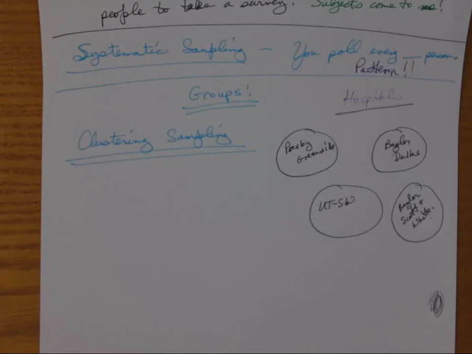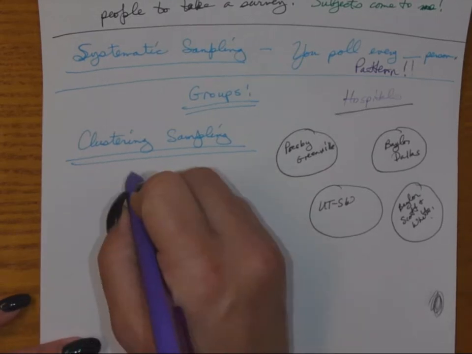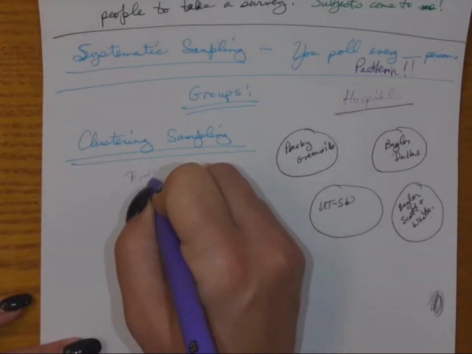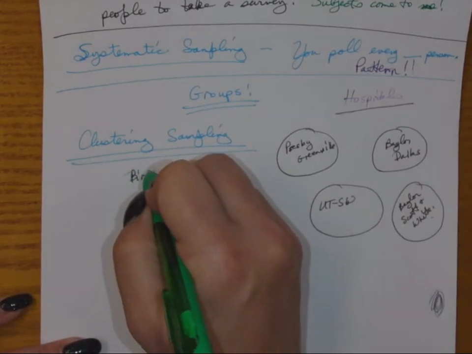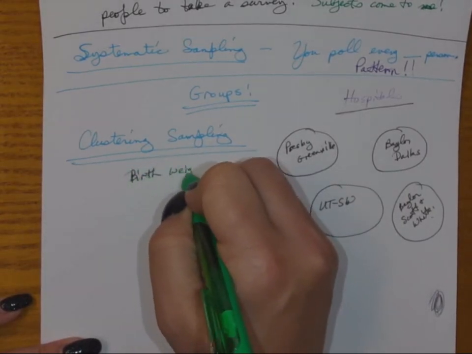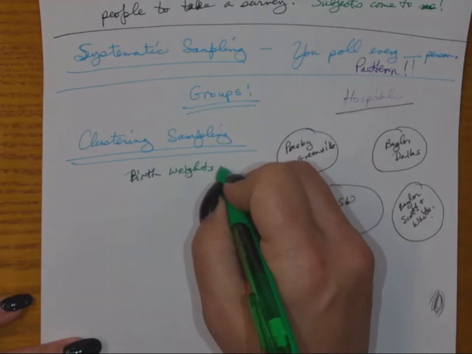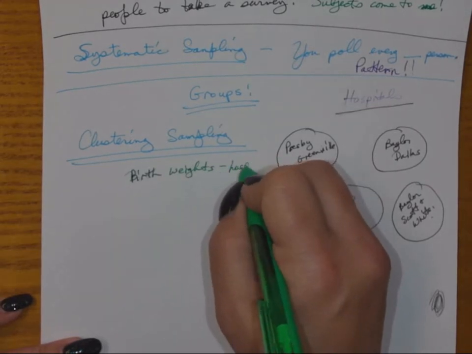So if I was a nursing major and I was going out to find out, I don't know, birth weights of babies. Birth weights of babies, that's kind of repetitive, right? Birth weights in hospitals, let's say that.